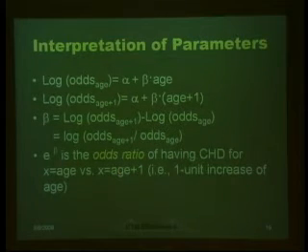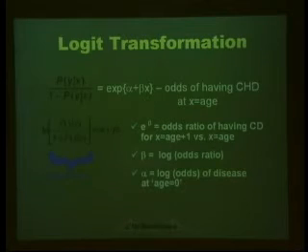Okay, there's a typo here, sorry about that. And then basically for a 1 unit increase of age, this is the odds ratio measure. Okay, so if you fit a logistic regression, get the beta estimates and take the exponential of that beta, basically that's the odds ratio estimate for the age variable there. Okay, that's a nice thing here.